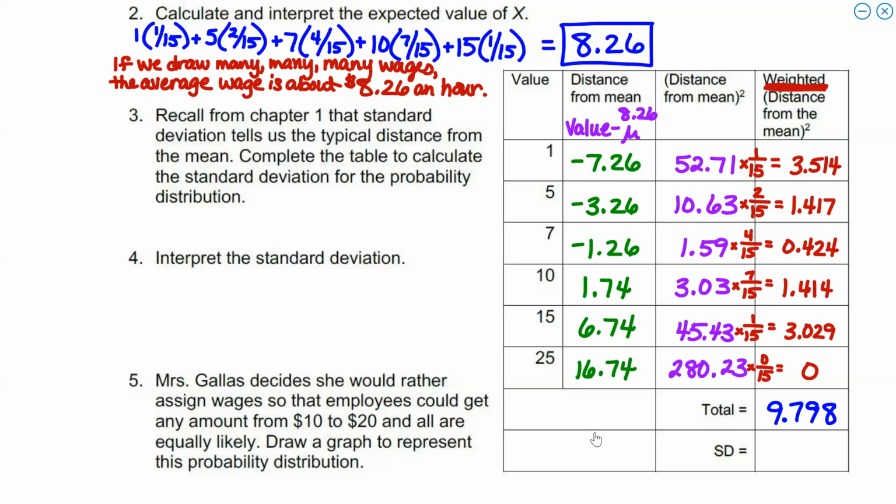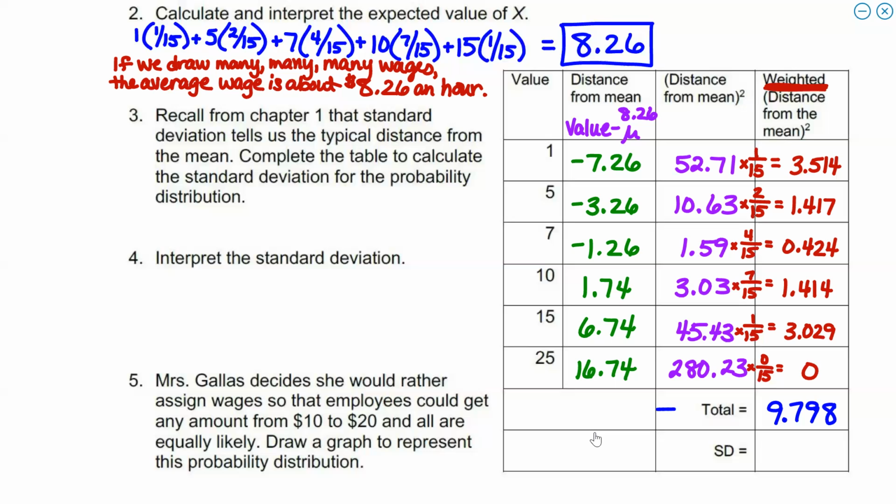Does anybody remember how to take this total now and find our standard deviation from that? What did we do to make sure that everything came out positive? Squared it. So what would I need to do to kind of undo that process at the end? Square root it, yes.